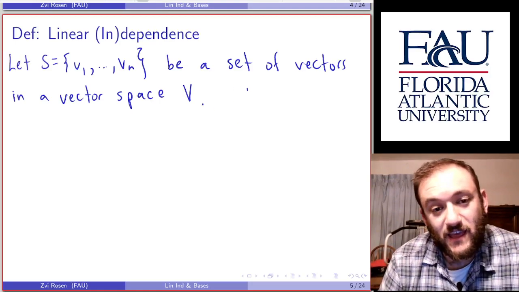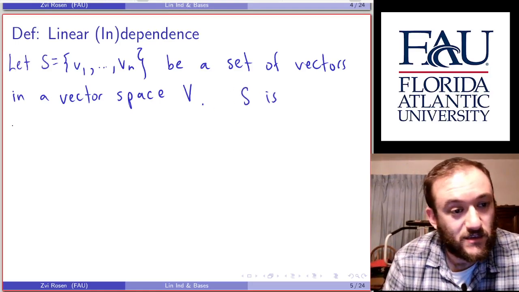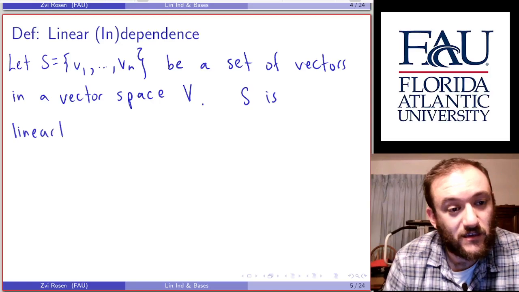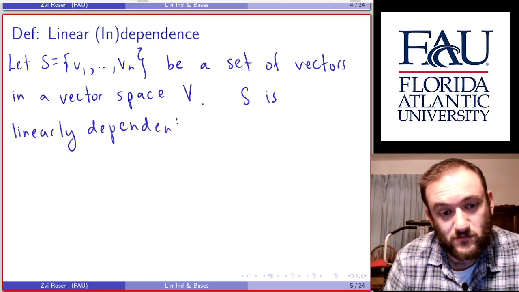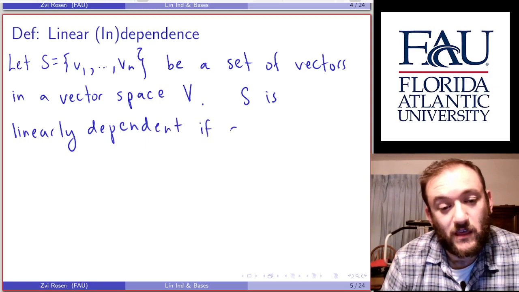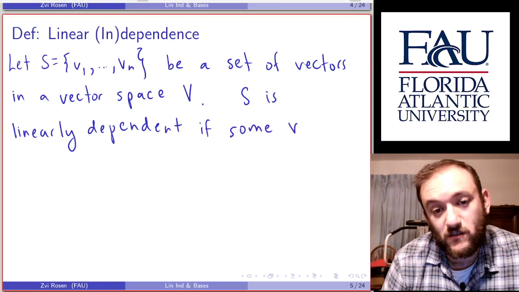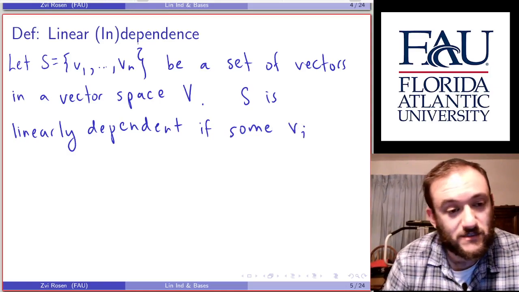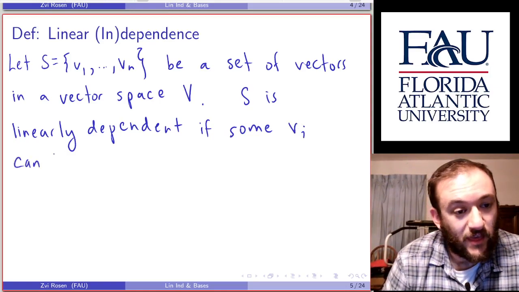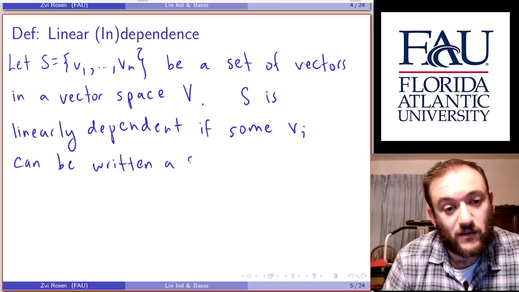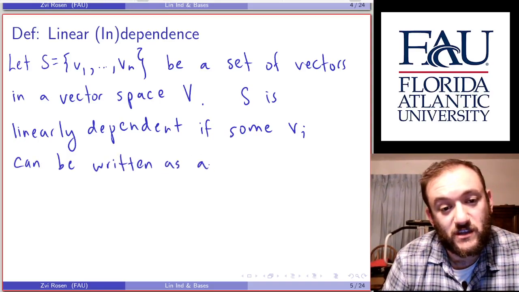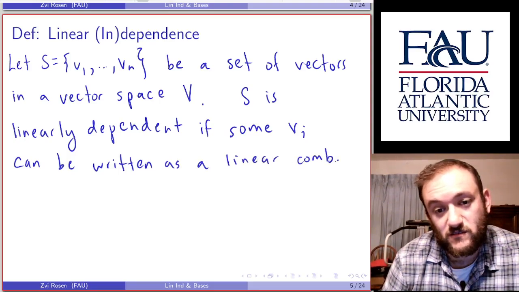We say that S is linearly dependent if some vector vi in your list can be written as a linear combination of the other vectors in the list.